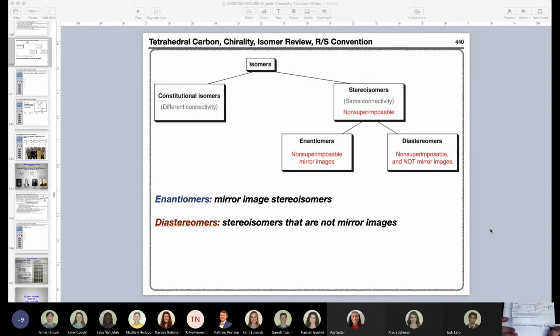R and S. So now we're saying there's 2 chirality centers. How many stereoisomers should there be with 2 chirality centers now?